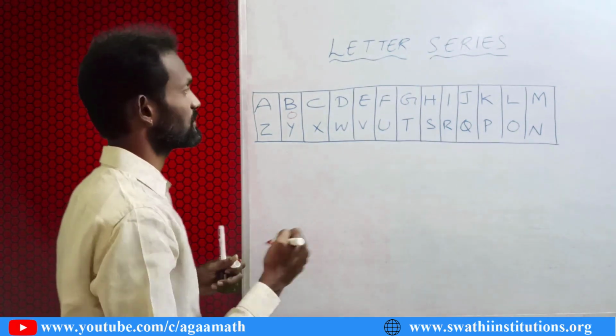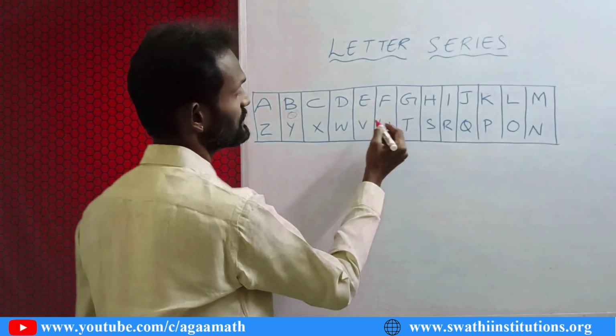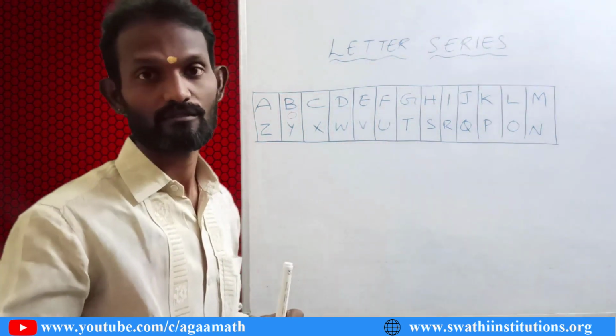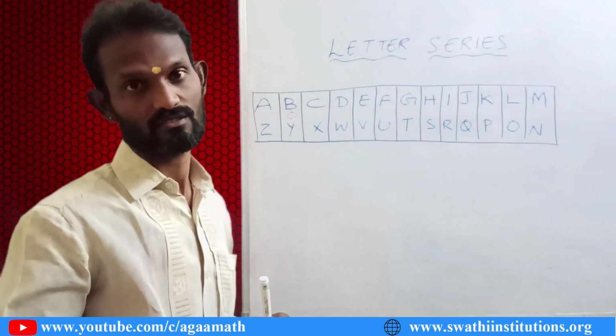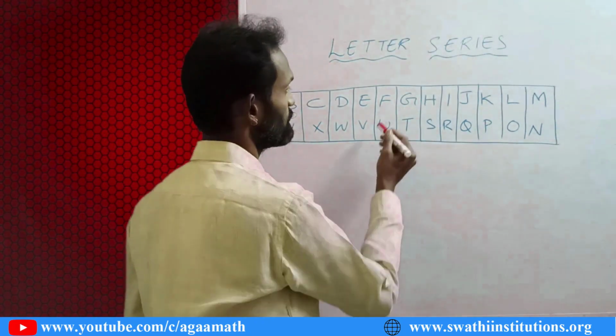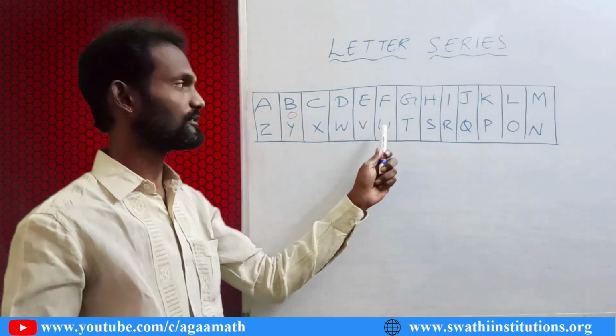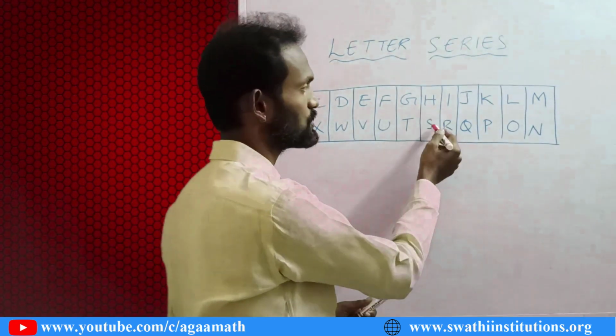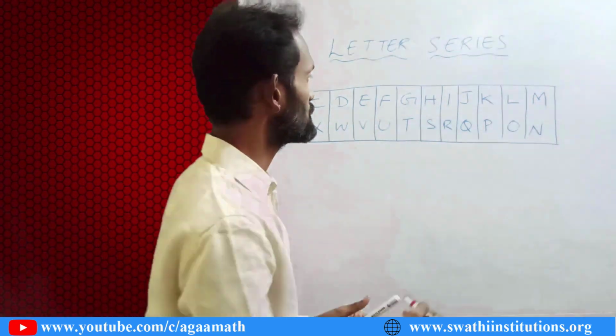And here, GT is a train. We say GT Express. So G is related with T. FU, for you. F is a friend of U, so for you. HS, high school.